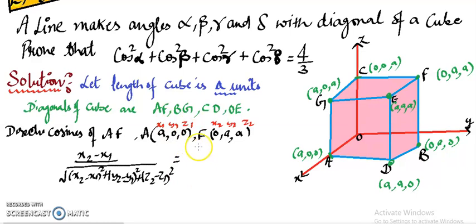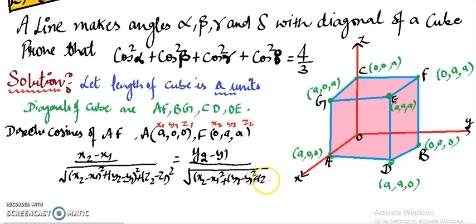Similarly, the next direction cosine will be y2 minus y1 upon the same whole quantity, and similarly for z2 minus z1. Now x2 minus x1 is 0 minus a, y2 minus y1 is a minus 0, and z2 minus z1 is a minus 0.